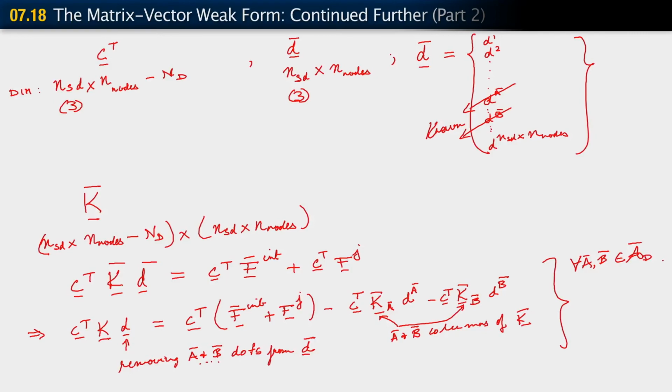All right, so what are we left with then? We are left with a system of the form C transpose K D, where the dimensions of K now is NSD times number of nodes minus the size of this set of Dirichlet degrees of freedom, essentially square.